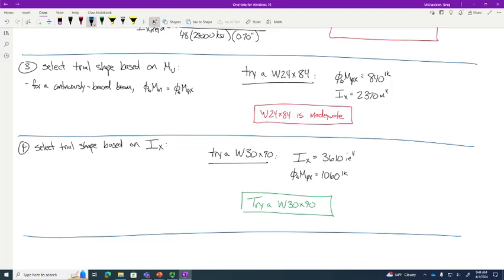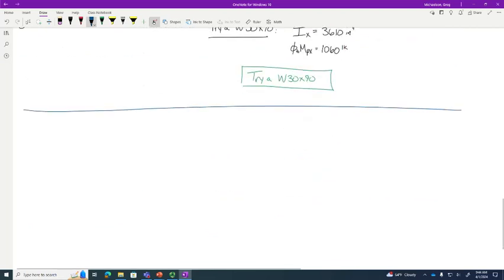So what I need to do is I need to redo my numbers, right? So since we're running short on time, I'm going to speed through this a little bit, but let me show you how this is going to work, okay? So now we're going to analyze the W30 by 90.